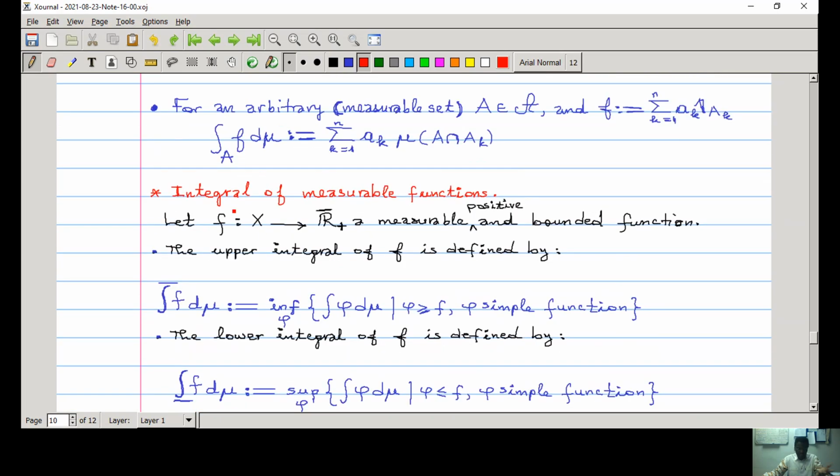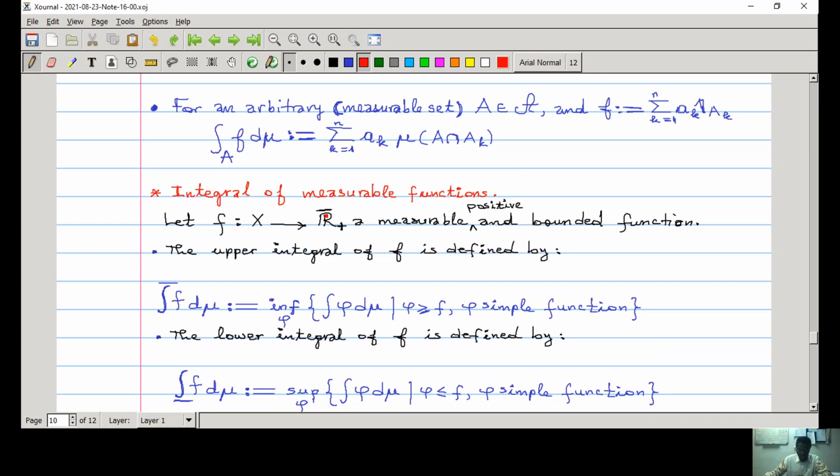In the previous slides, the function f we were integrating, like in this case when we talk about a measurable function, you can see that the function takes its value in R plus bar, which is called the extended positive real line. This is the positive real line from 0 to infinity, where infinity was excluded, but now we extend it to include infinity.